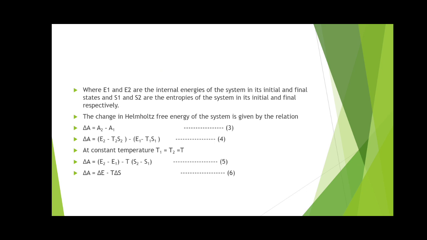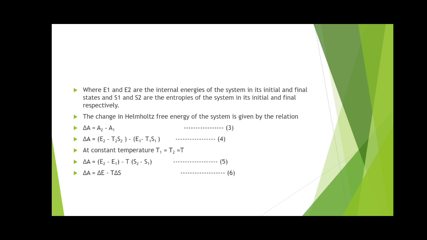Then the above equation can be written in the form of change in Helmholtz free energy of the system, delta A. Change is denoted as delta. So delta A = A2 - A1, right? If you put equation 2 in equation 3, then you will get delta A = (E2 - T2S2) - (E1 - T1S1).